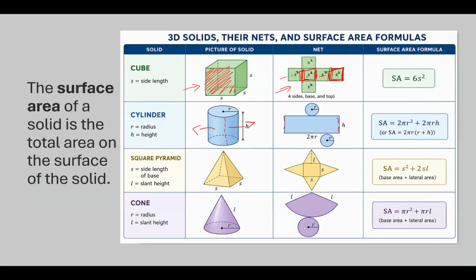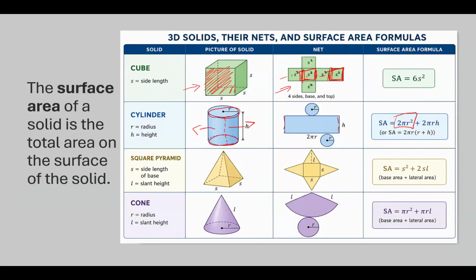And then if this is a closed cylinder where you have a top and a bottom, then the area on top and the area on bottom are two circles. So to find the surface area, I have to find the area of the rectangle and the area of the two circles. The area of a circle is pi times radius squared. And if you notice on the formula, I have that multiplied by 2 because it's two circles.